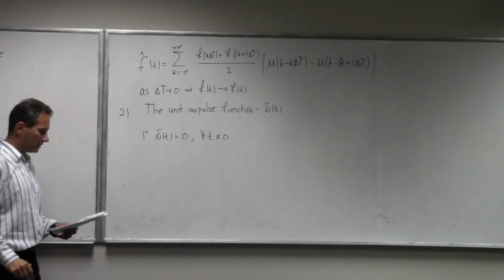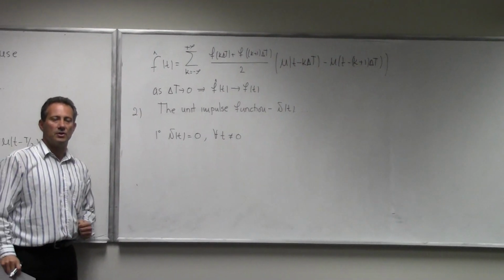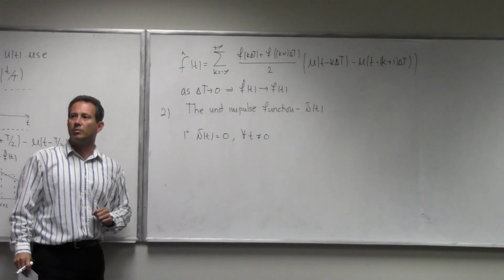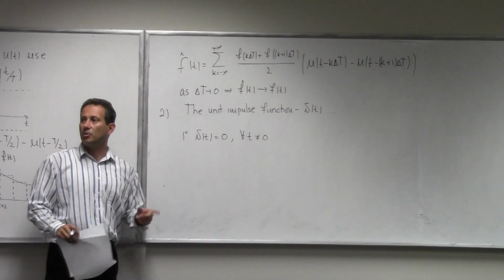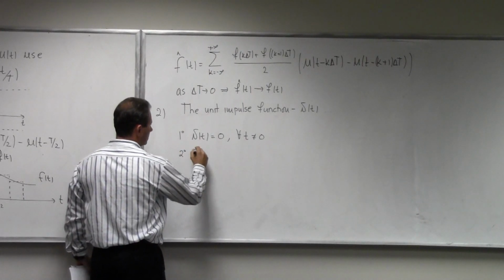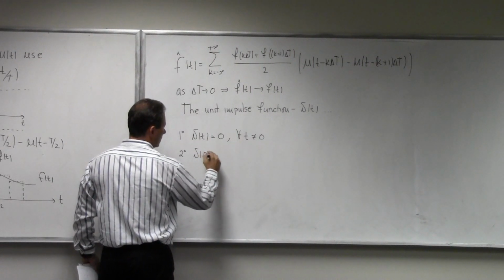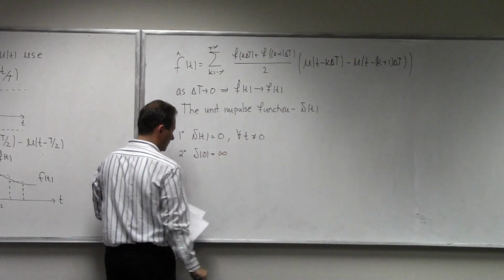Whenever t is different than 0, the delta of t has a value of 0. So it only has a value at one point, right? And that's point 0. At the point 0, however, delta of t, or delta of 0, is infinite, right?